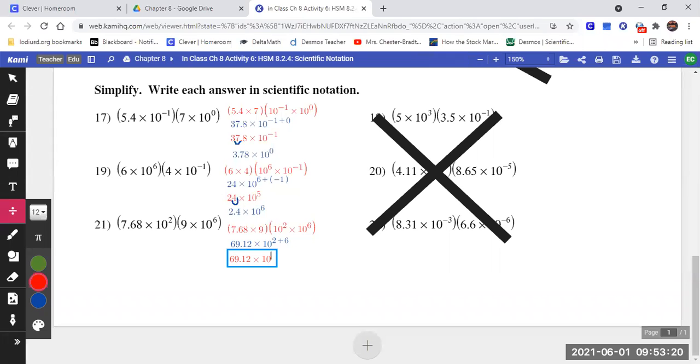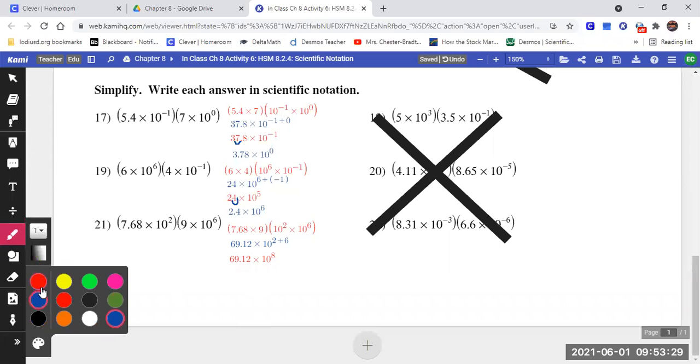Remember, we're adding the exponents because they're side by side. They're the same base, so we add their exponents. Is this scientific notation? No. Okay, so what do I have to do to fix it? This 9 has to be after the decimal point.